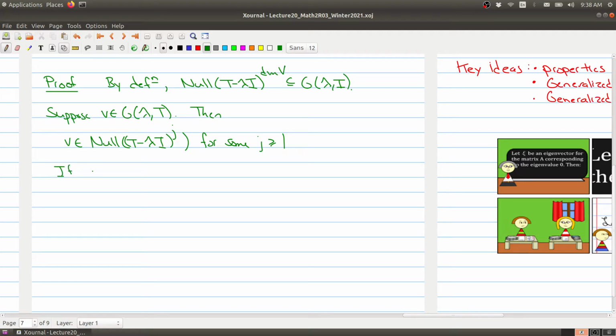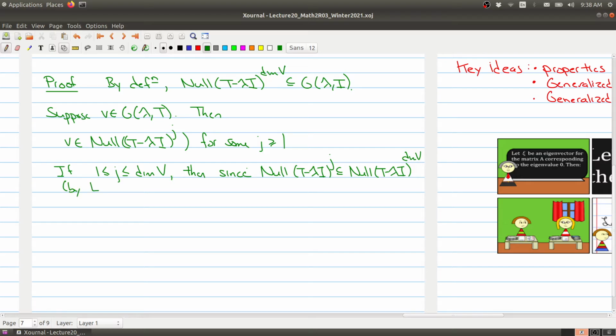Now, if this j is between 1 and the dimension of V, then since the null space of (T minus lambda I)^j is contained inside of the null space of (T minus lambda I)^dim V, that's going back to all those lemmas that we had at the beginning.